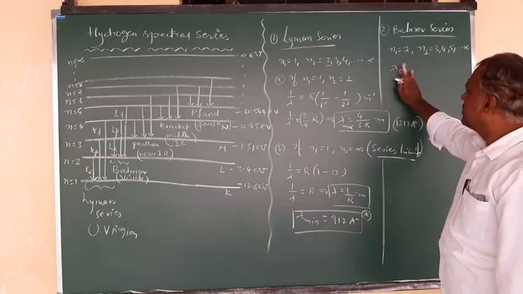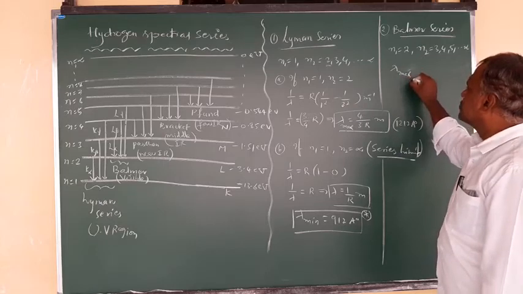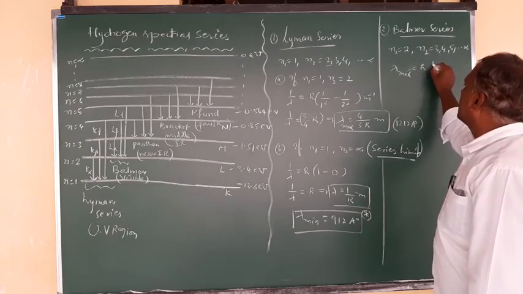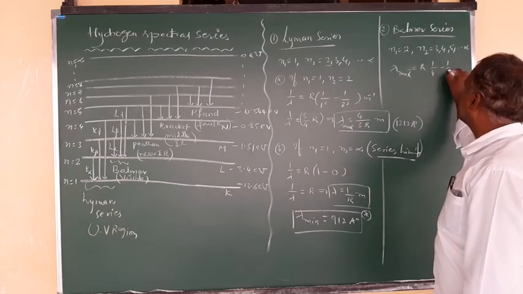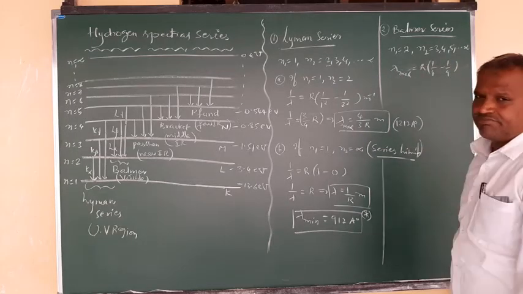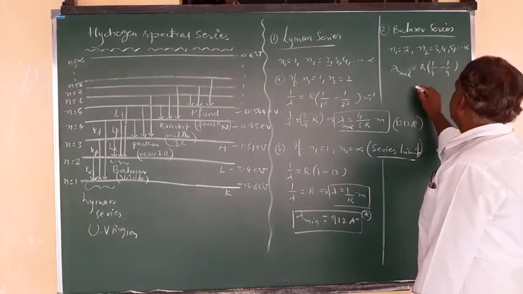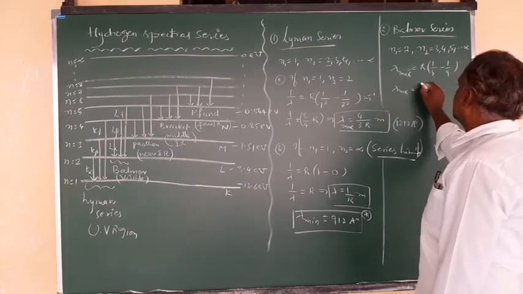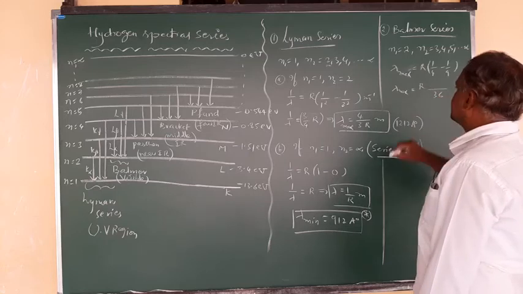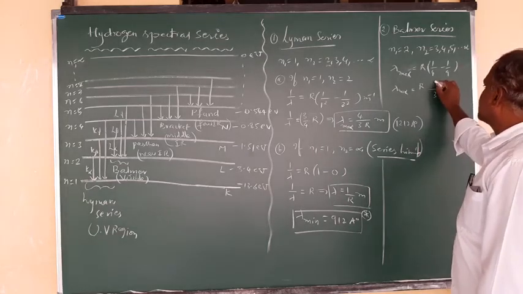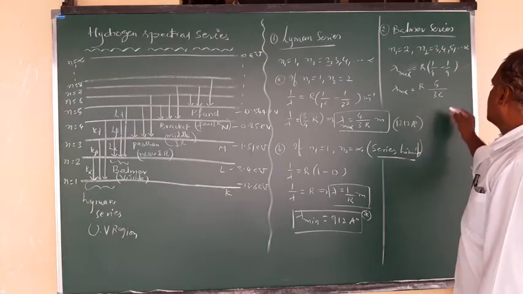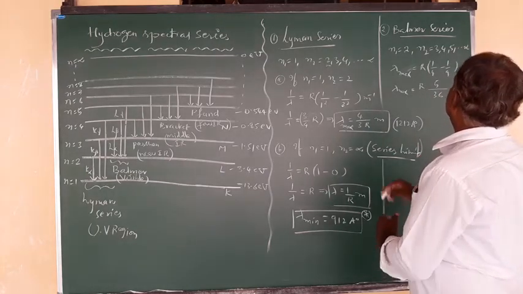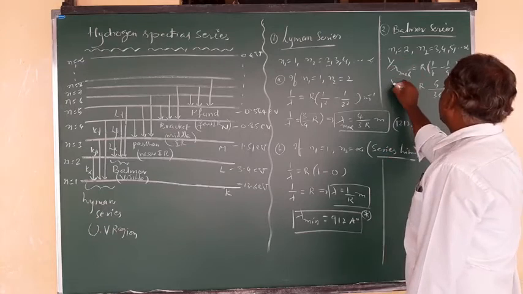First I will calculate lambda max. Lambda max is given by, again, R into 1 by 4 minus 1 by 9. So here you get R into 5 by 36, and this is 1 upon lambda.